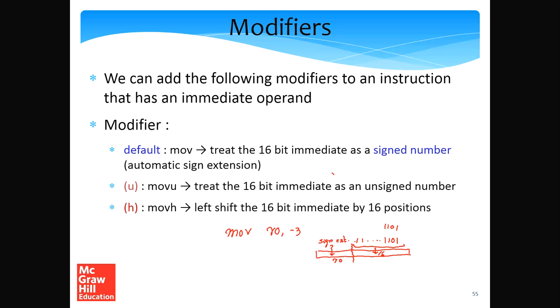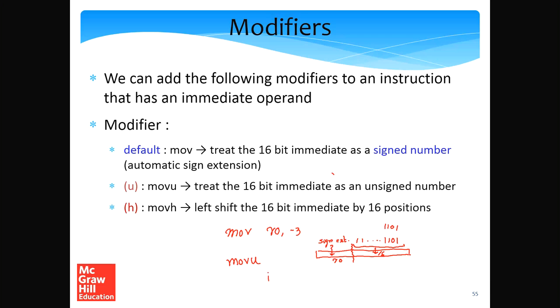Now let us define two variants of this same instruction, and these variants hold for other instructions as well, but let's only discuss this instruction. So let us define the move U instruction. In the move U instruction, we treat the 16-bit immediate as an unsigned number.